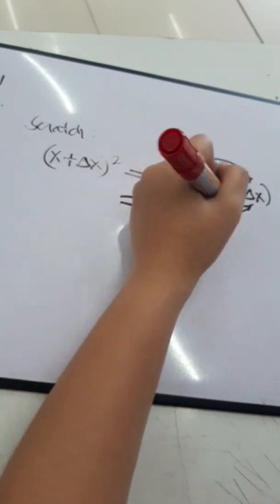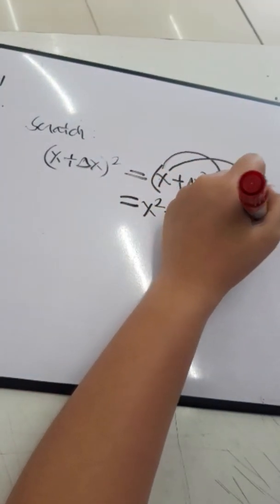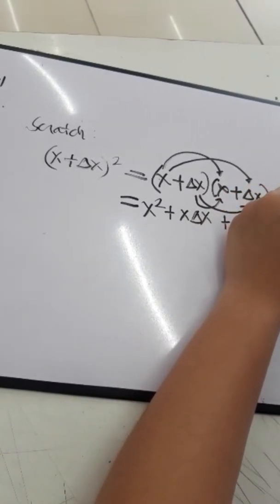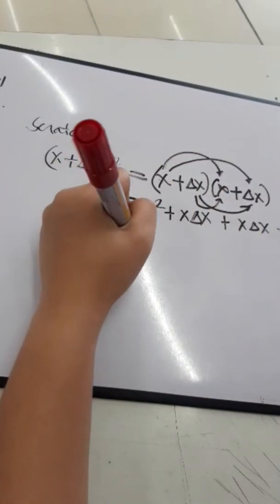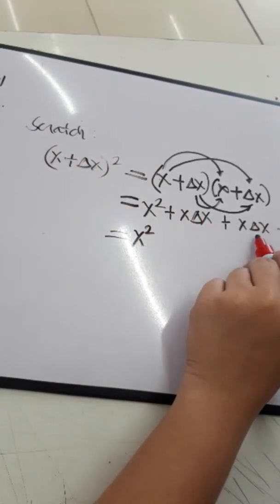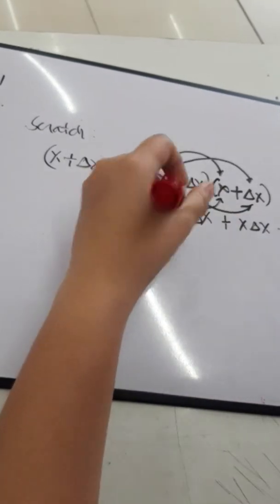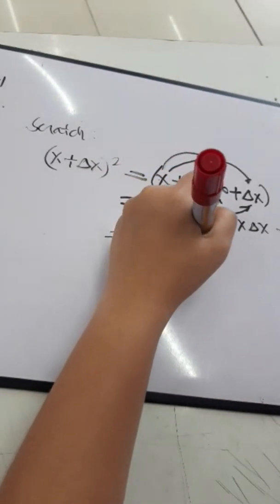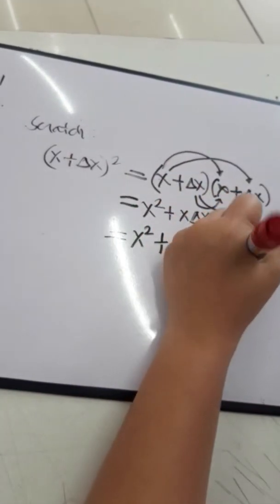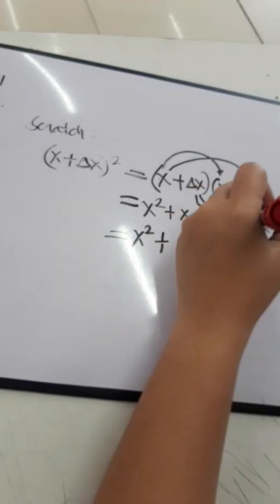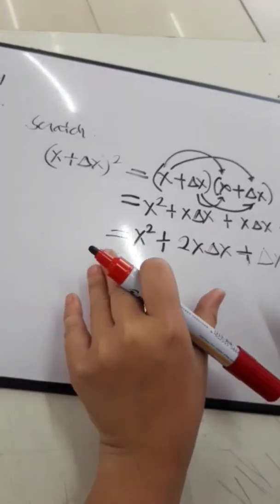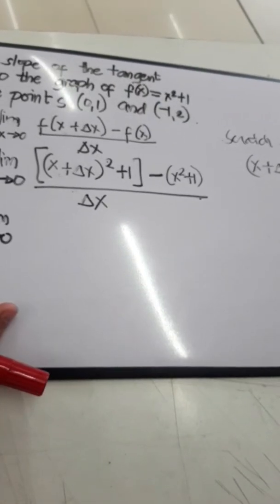Delta x times x is positive x delta x. Then delta x times delta x is positive delta x squared. So, x squared plus x delta x plus x delta x is 2x delta x. Okay? Igora ta mag-add, plus delta x squared. Okay? So, we have this simplified form na.